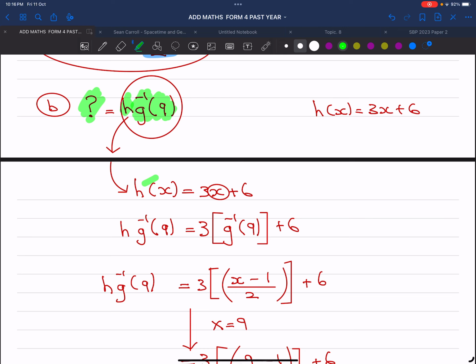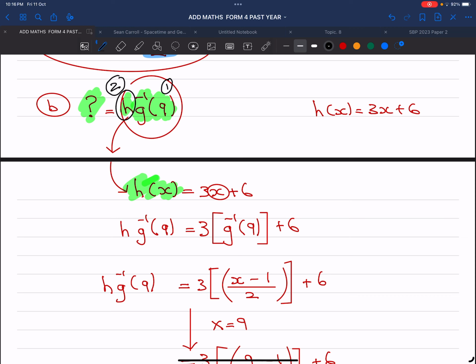This is the second function, because g inverse is the first function. The h is the second function, or shall I say the function in front?